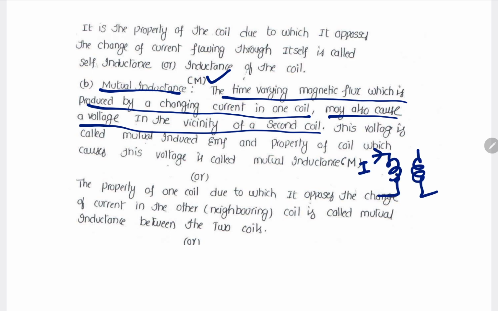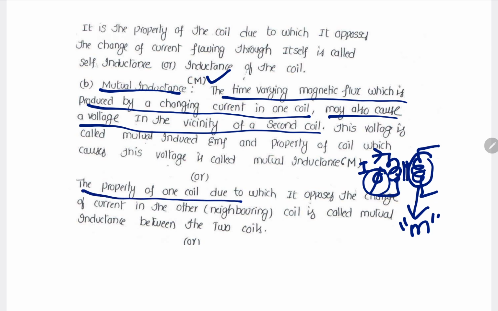Current started flowing here and flux is developed here, and this flux links with the second coil, and here I am getting the EMF in the second coil due to the change in the flux in the first coil. That EMF is nothing but mutual inductance.